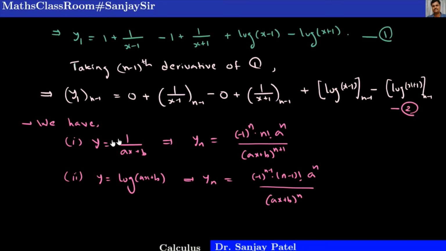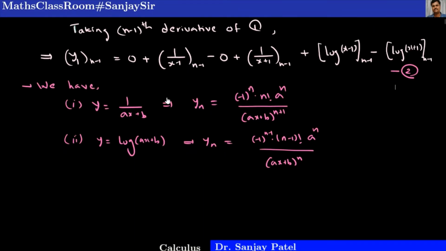From 2, what we can write is the next step. Therefore, from result 2, we get yn, since y1's n minus 1th derivative is yn.